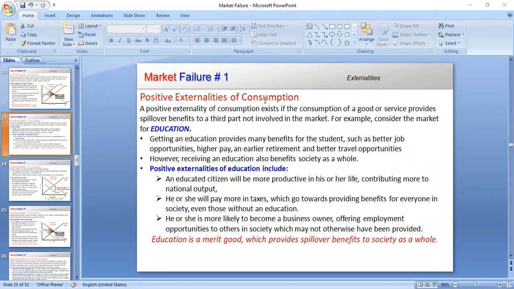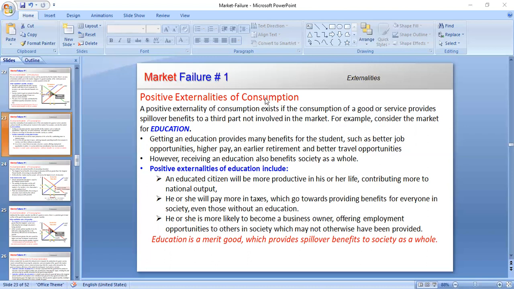Libra is saying that she had a question: why are positive externalities under allocated in the market? Now, let us look at the positive externality in consumption.